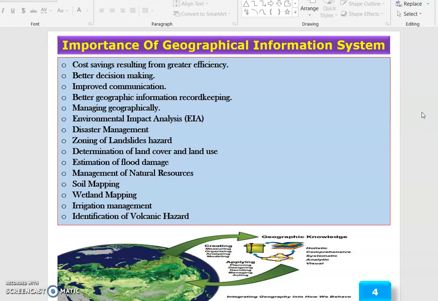As we discussed in the previous slide on industry application, not only in industry, geographical data is used in many aspects of the government sector. So we have a lot of demand in the government sector also.